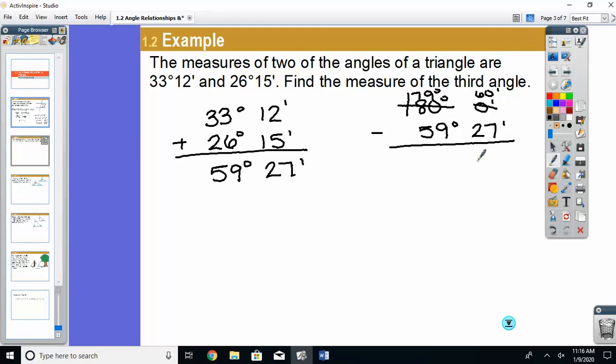So 60 minus 27 would be 33 minutes. 179 minus 59 is 120 degrees. So that's our final answer. So I might give you nice pretty angle measures, or now we know degrees, minutes, and seconds. I could use those as well when we're giving measurements.